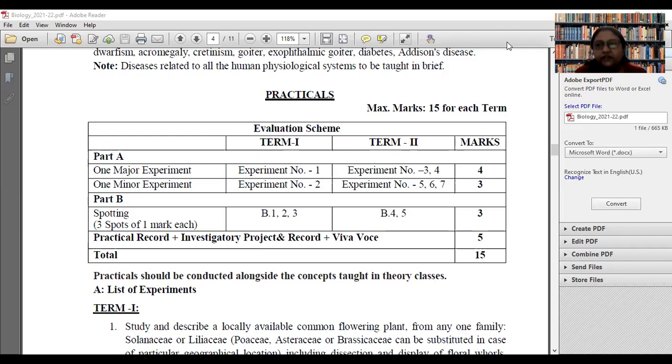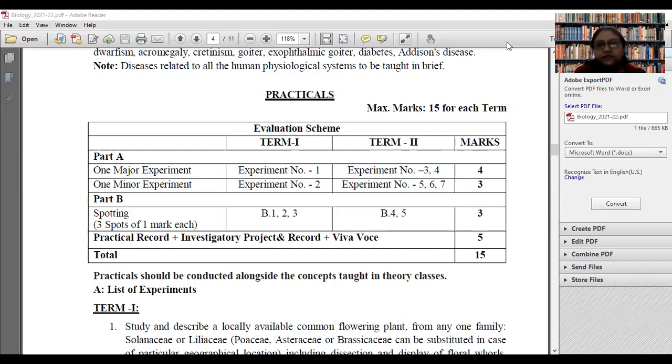They will display either a specimen or a picture or slides in which you can see the organism under the microscope. Then you simply identify the organism, mention which category it belongs to, write one or two unique characteristics of that organism, and then draw the diagram in the exam. Spotting carries very high marks in the practical examination and it is very scoring.